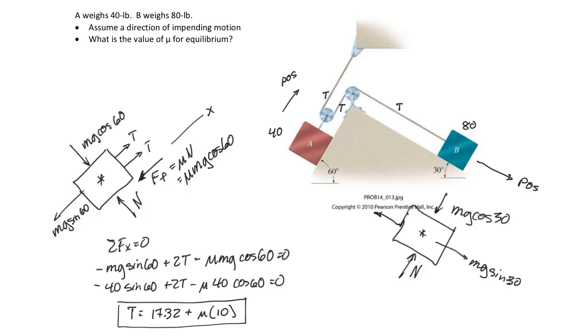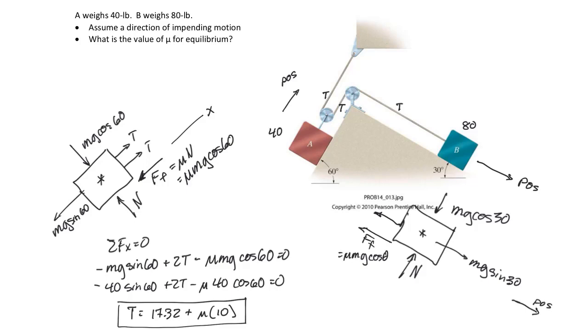Now, which way is the force of friction going to go here? I've declared that positive is going down the hill. If it moves down the hill, that means the force of friction is going up the hill. And again, this is a slipping scenario. We're trying to solve for the mu to keep it from slipping, so I know the force of friction is equal to mu mg cos theta.